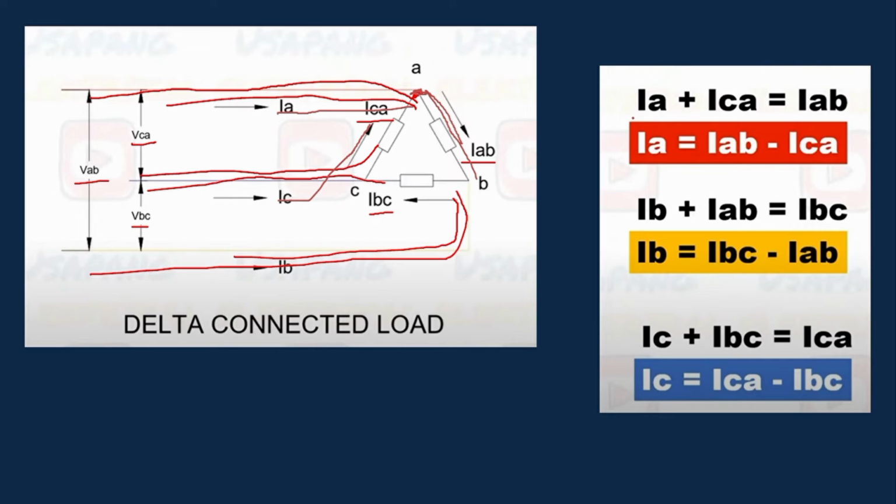So, IA plus ICA is equal to IAB. So, ang kinukuha nga natin na current ay ang IA. So, IA is equal to IAB. Ngayon, itatranspose natin itong ICA sa kabilang equation. So, magiging minus ICA na siya.